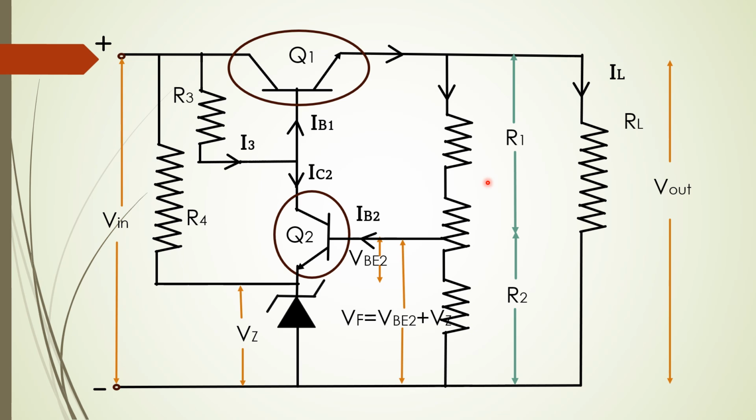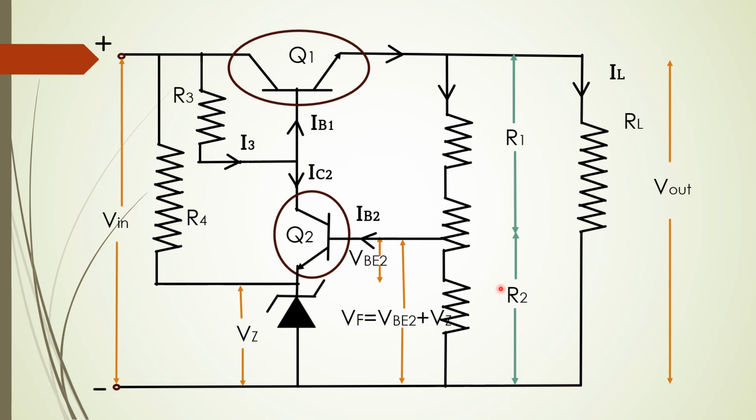There will be a change in R2, Vf changes and VB2 changes, and since VB2 has changed, IB2 and IC2 change and IB1 increases, so the collector-emitter voltage of the Q1 transistor changes, which compensates or controls the change in the output voltage. So either an increase or decrease will be compensated or controlled by this negative feedback setup provided with Q2.